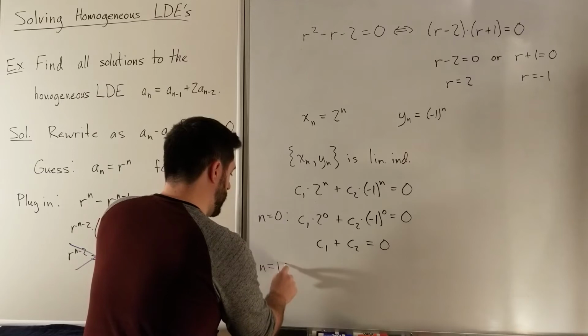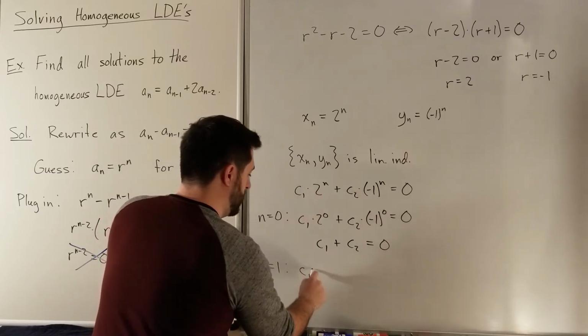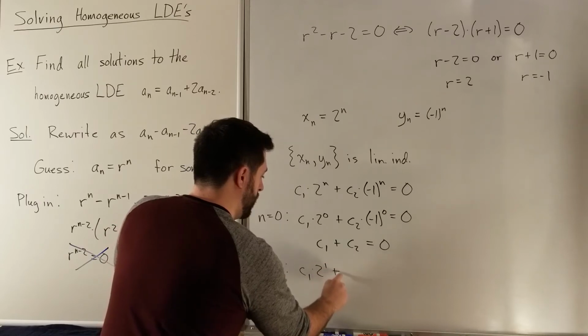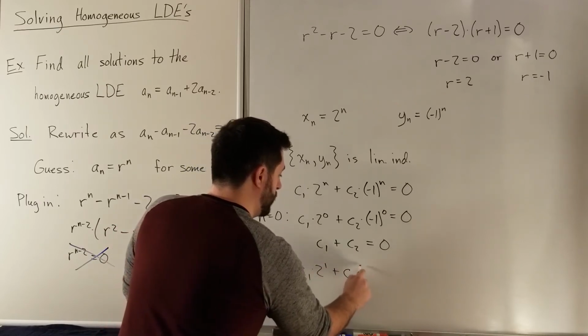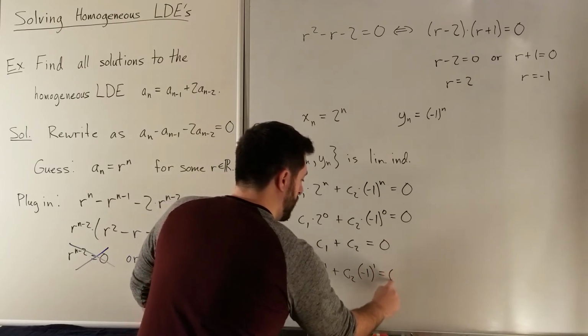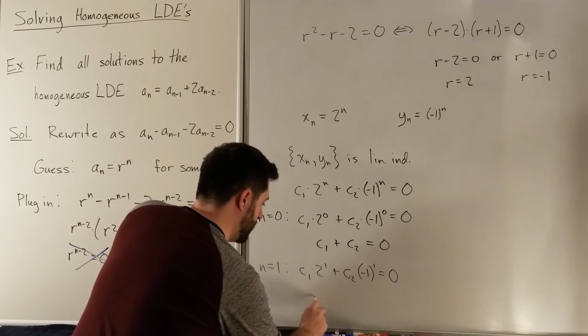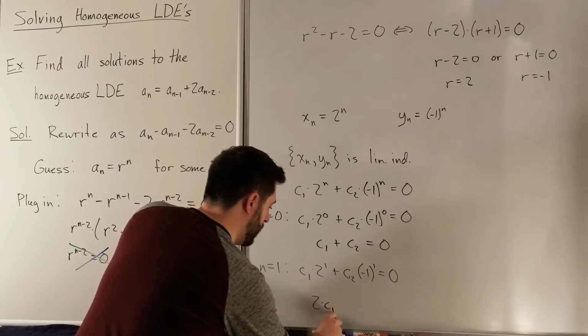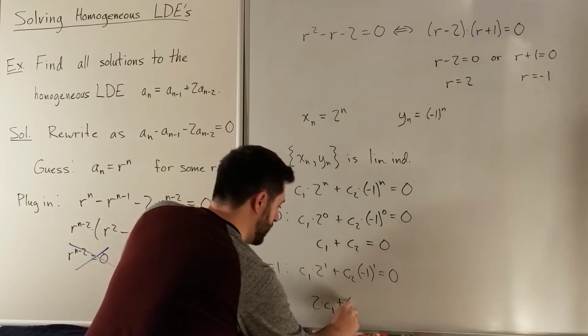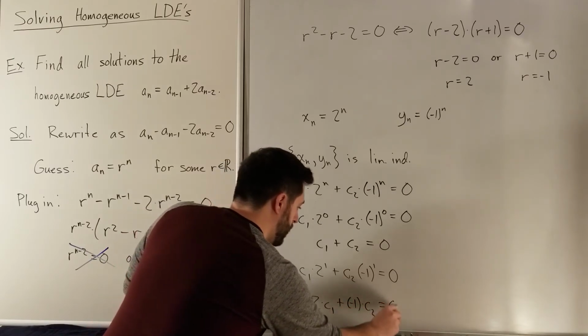And now I'm going to plug in n equals 1. And this says that C1 times 2 to the 1 plus C2 times negative 1 to the 1 is equal to 0. And that tells us that 2 times C1 plus negative 1 times C2 is equal to 0.